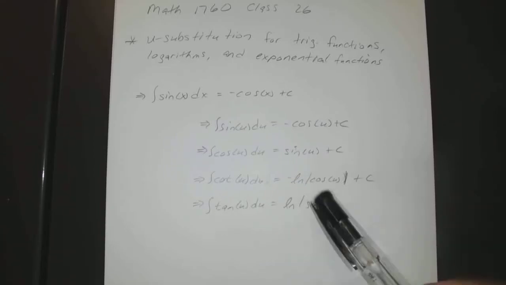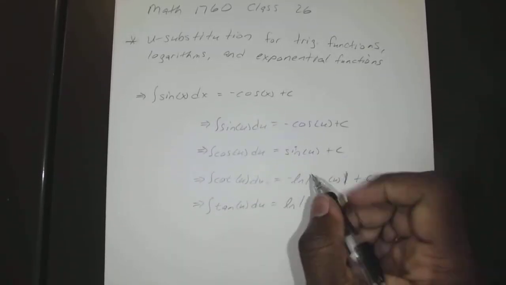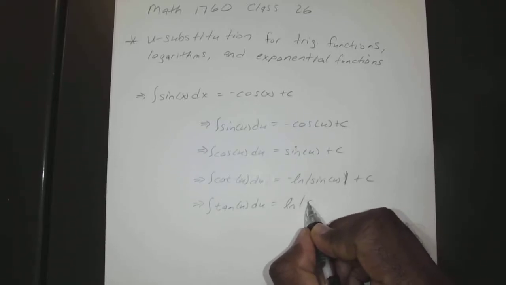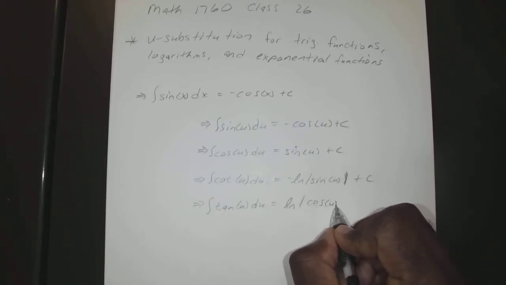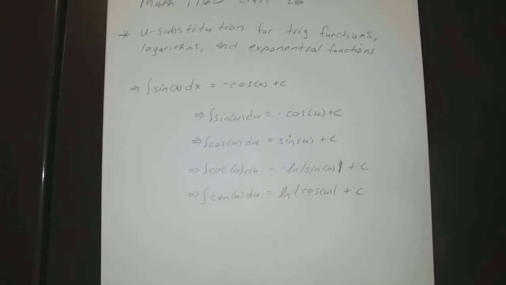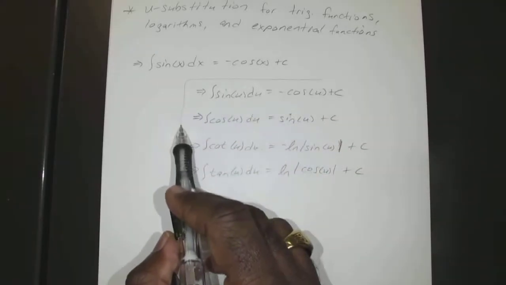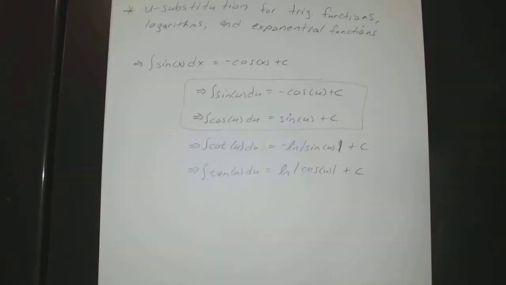Oh, that's the other way around. This should be sine, this should be cosine, of u plus c. Okay, so most of the time you're just going to use these two, but the others will kind of creep around every here and there.